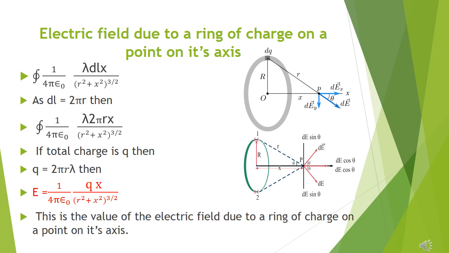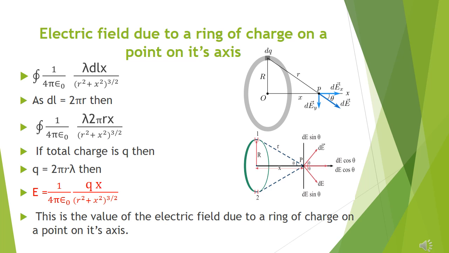If the total charge is q, then q equals 2 pi r lambda. Then the equation of electric field becomes 1 upon 4 pi epsilon naught q x upon r square plus x square to the power 3 by 2. This is our expression for the electric field due to a ring of charge at a point on its axis.